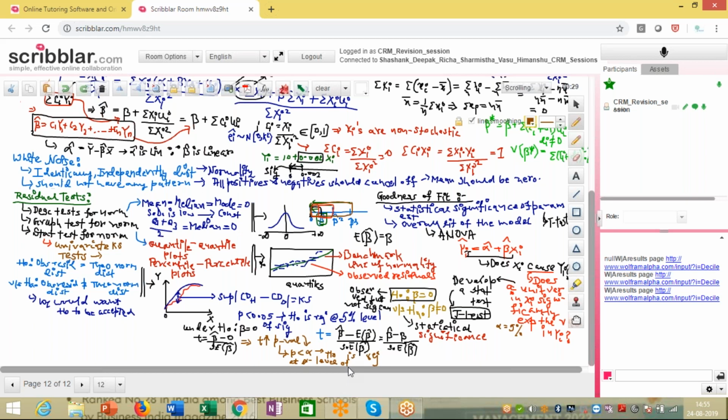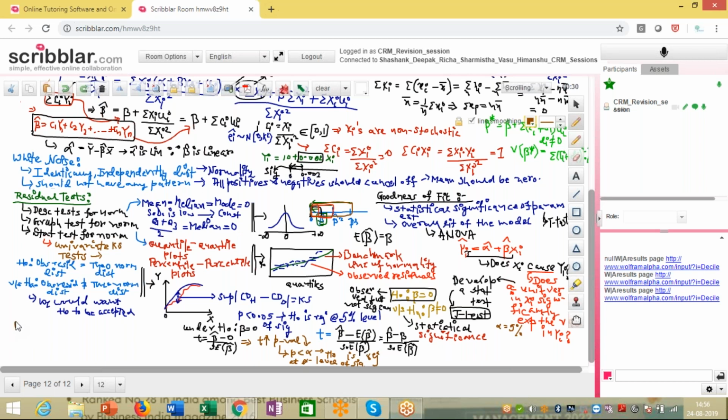So alpha specifies the maximum amount of type 1 error that I am willing to have, and P signifies the actual probability of committing the type 1 error. Probability of committing the type 1 error means rejecting the null hypothesis given that it is true.